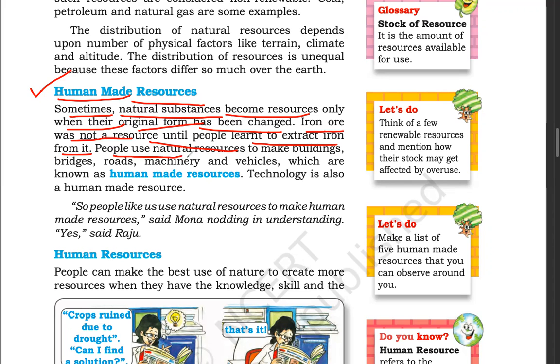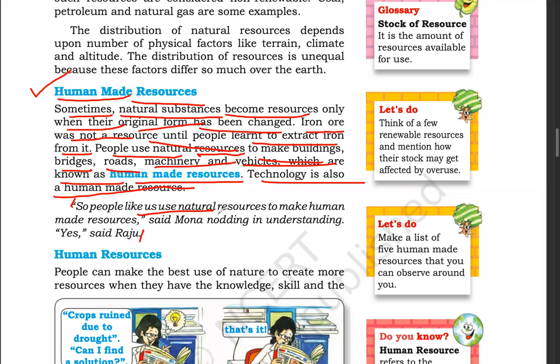People use natural resources to make buildings, bridges, roads, machinery, and vehicles, which are known as human made resources. Technology is also a human made resource.